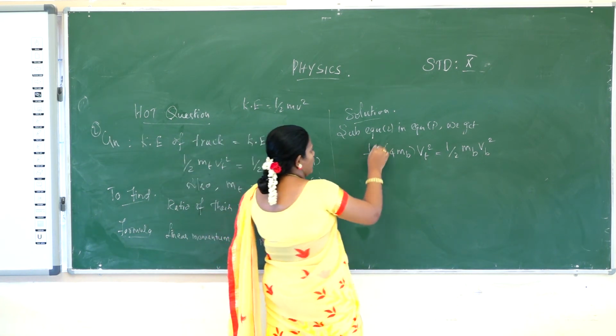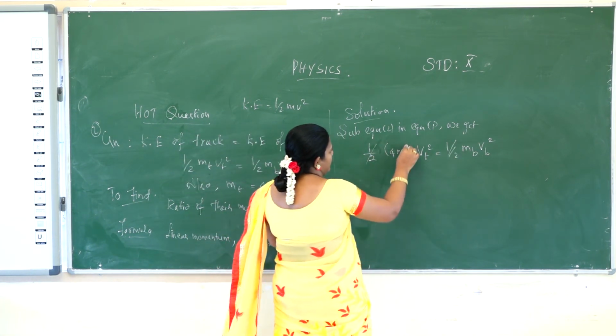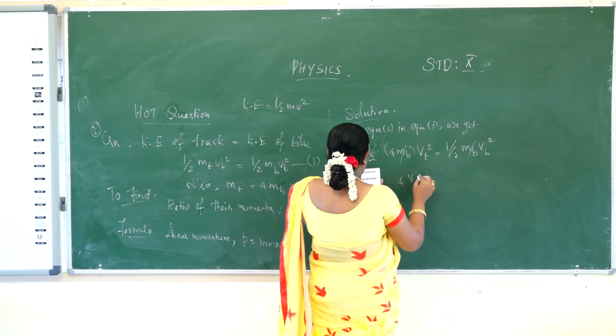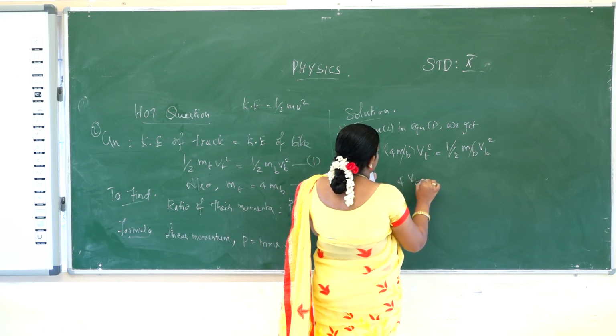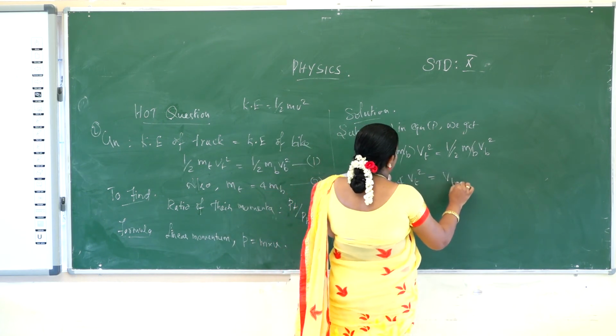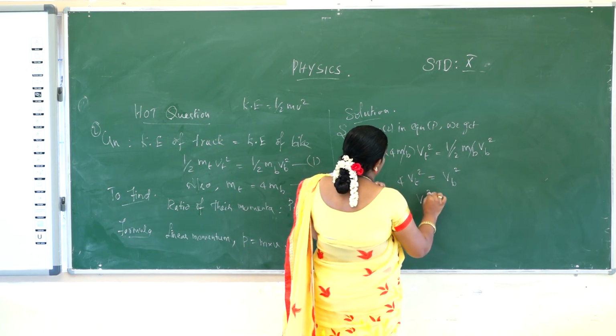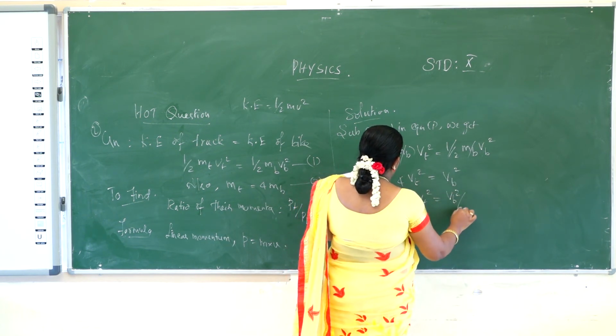Common terms will be struck off, and mb is cancelled. So 4 vt square is equal to vb square. So vt square is equal to vb square by 4.